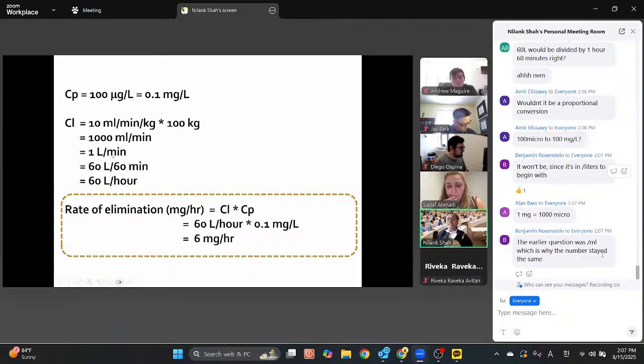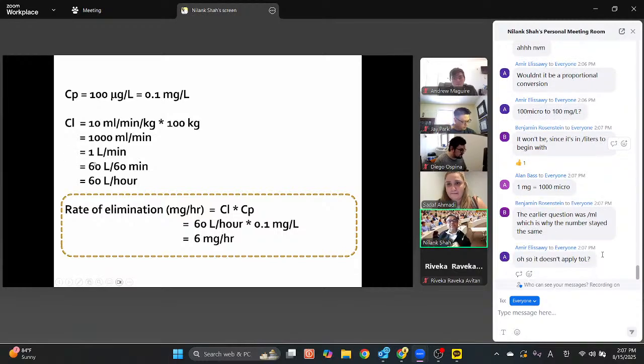What Sadaf is trying to say is that we have to convert this ml to liter for clearance because the target plasma concentration CP is 0.1 milligram per liter, right? So there is a unit in liter here, and that's the reason why we converted milliliter to liter for clearance. Exactly.